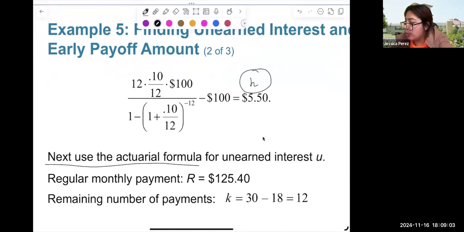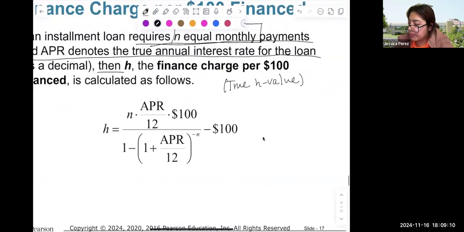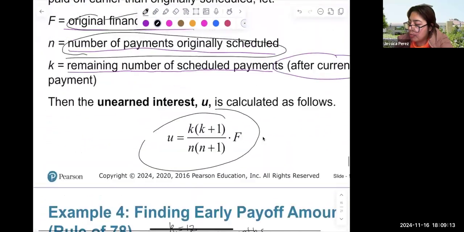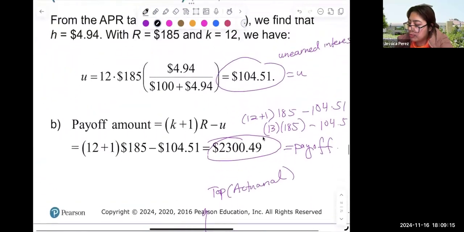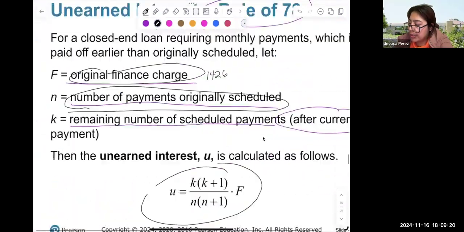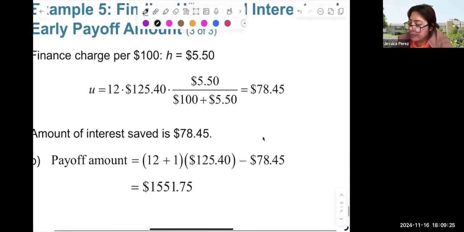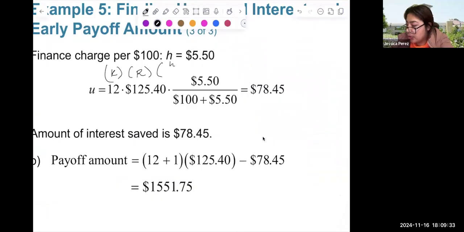So next, use the actuarial formula to find the unearned interest U. Well, remember, U for the actuarial was this top part, K times R times H over 100 plus H. So there it is. K times R times H over 100 plus H. And we found what H was in the past.